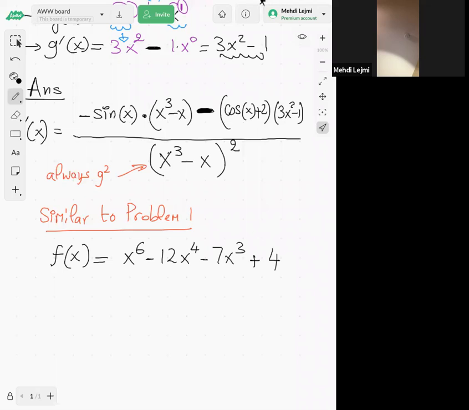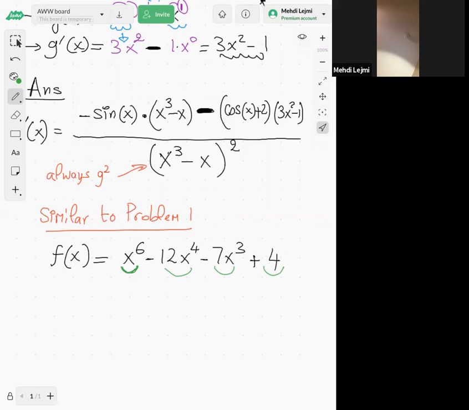There's no special rule for subtraction or addition. All you have to do is compute the derivative of the first function, minus the derivative of this, minus the derivative of this, plus the derivative of this. You don't have to apply any rule here. You just take the derivative of each term.